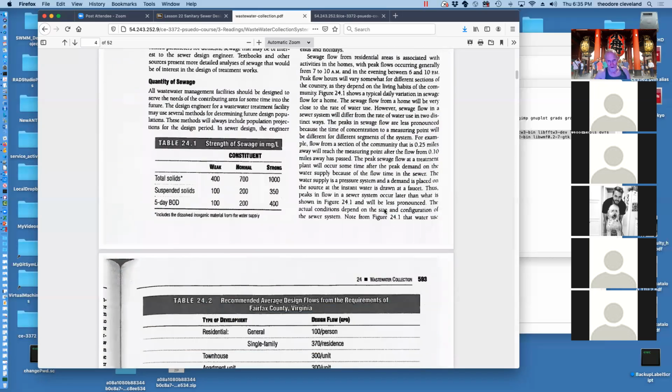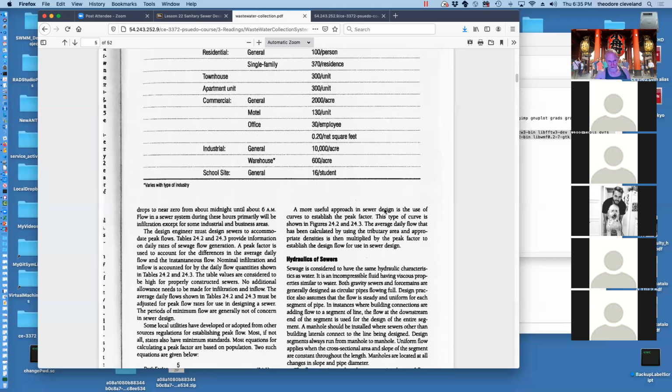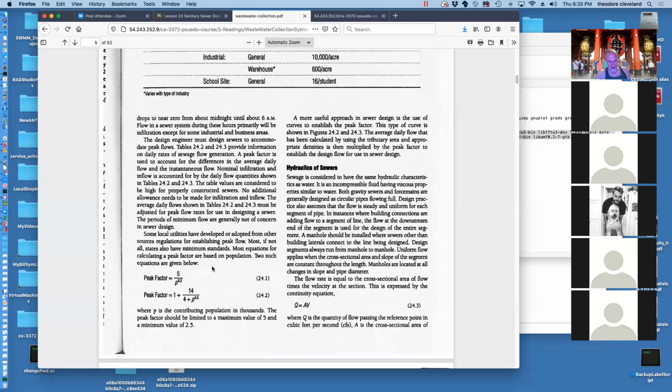The variation in fluid flow is discussed, and it shows a peak factor equation that is available, and Texas has its own set of such equations, where P is the population in thousands, and this peaking factor is the number that's multiplied by average flows to estimate peak flow for design discharges.